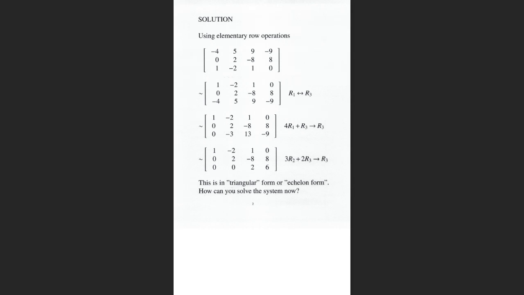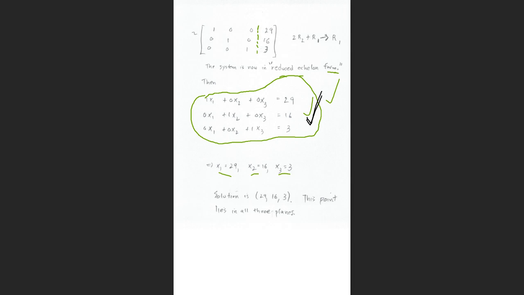What you want to do is work downward to get zeros in the bottom left-hand corner of your matrix. That's a triangle of zeros. And then you work upward so you can get zeros in this top triangle.